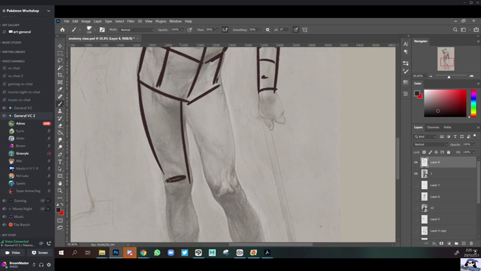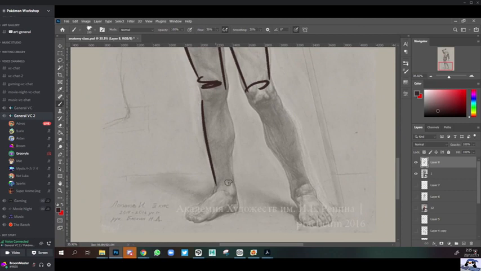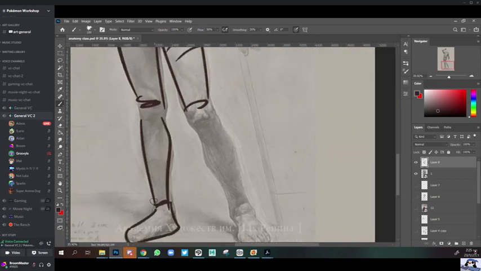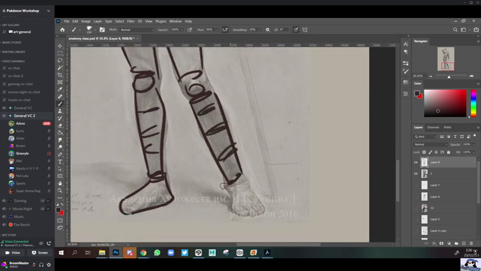Same concept with the legs. For now, we're not gonna focus too much on the muscle definition. That may come in another time.